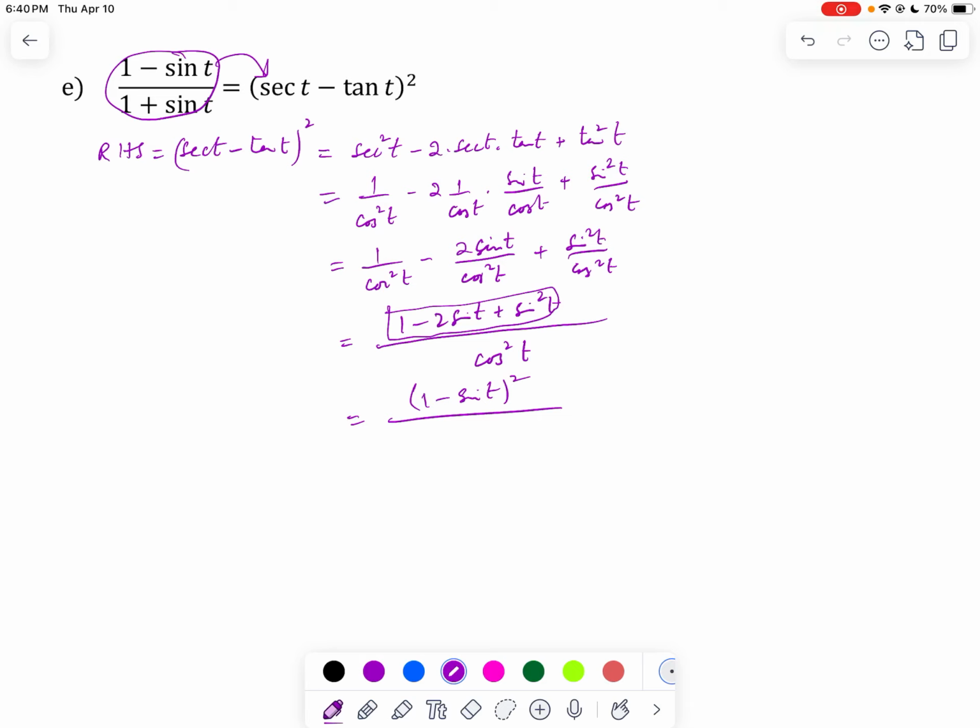And at the bottom we have cosine square t, which can be written as, because remember we want to get it to look like what we have on the left hand side.